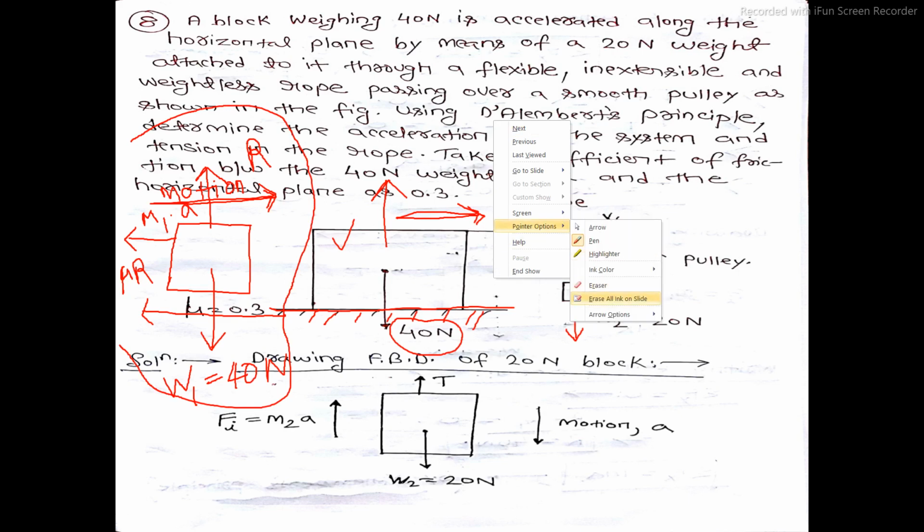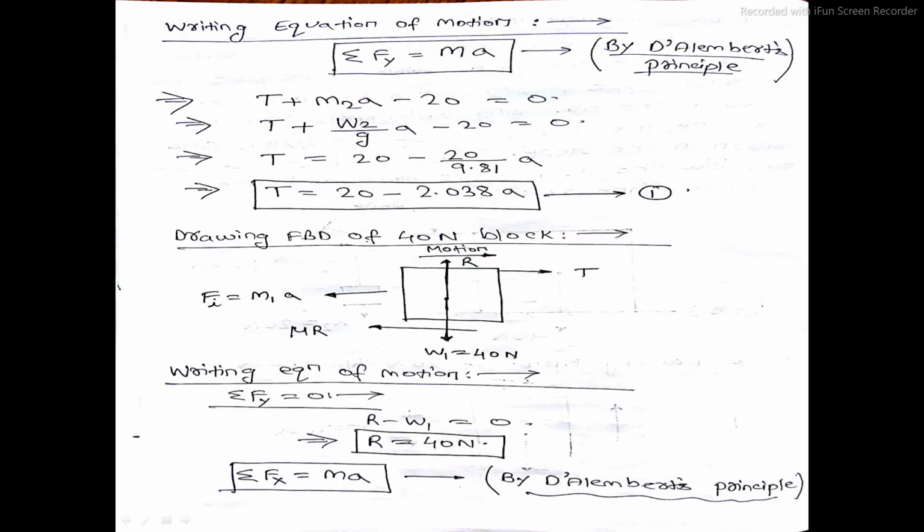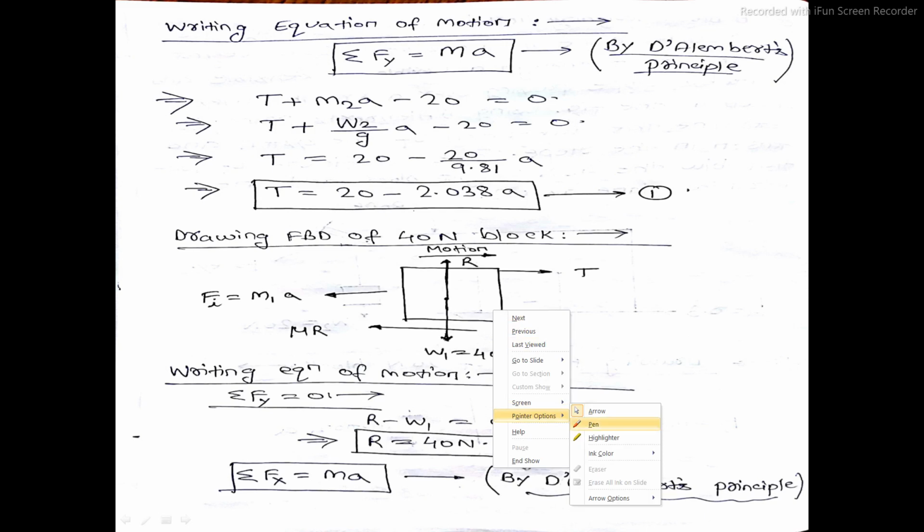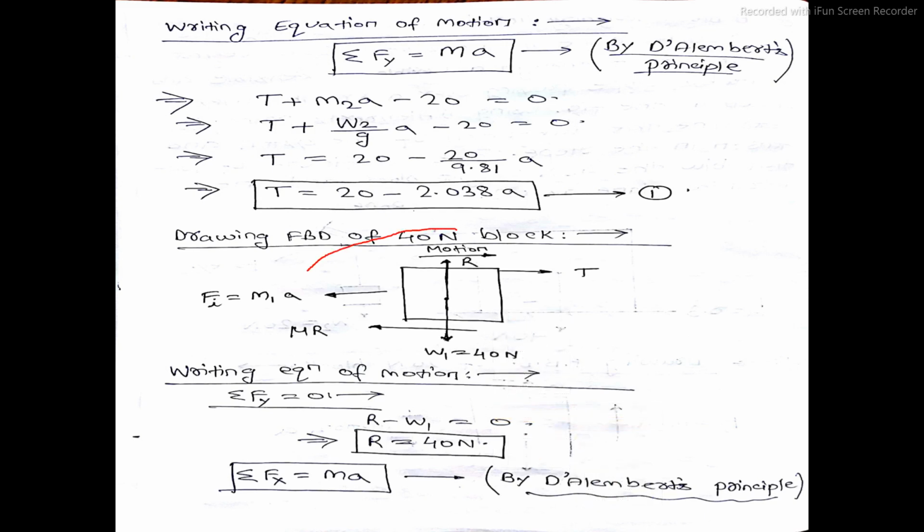And this FBD is represented over here also. This is the FBD of the bigger block. Now again for this bigger block, let us write down the force equilibrium equation. First of all, along y direction. We are assuming that this side y is positive and this side y is negative.